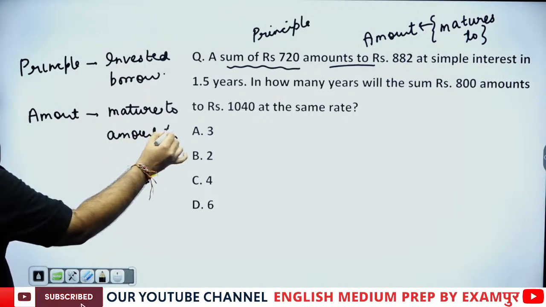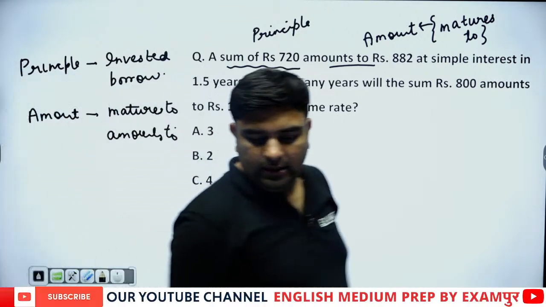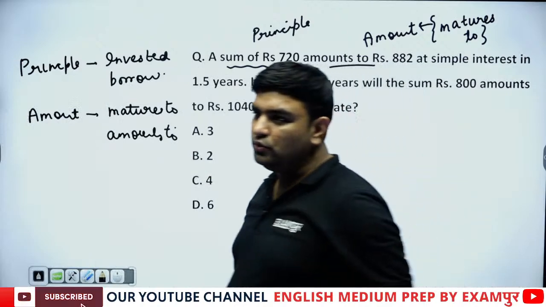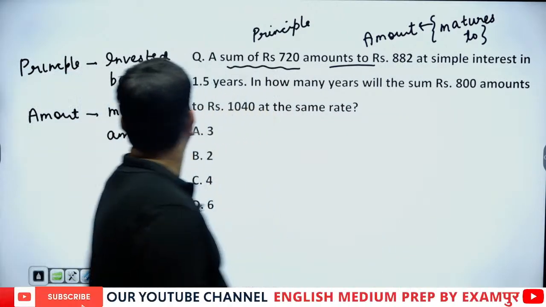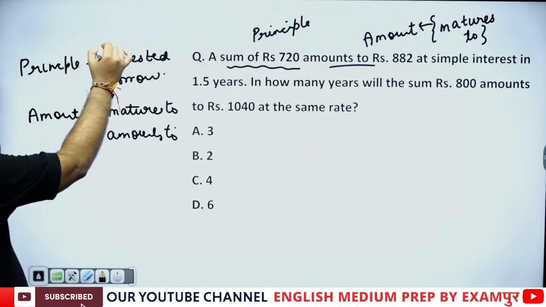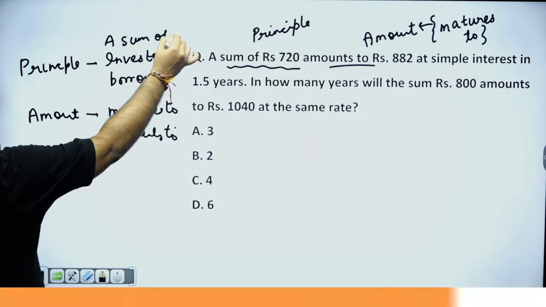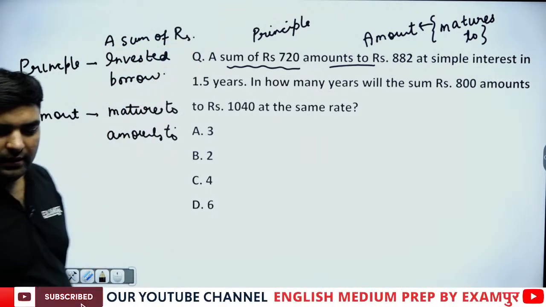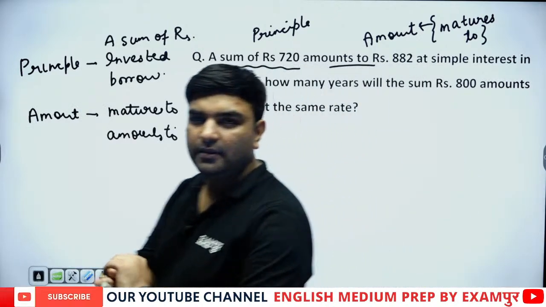These are the few words which are being used. So for principal we can use a sum of rupees invested. This is the way to identify the things.